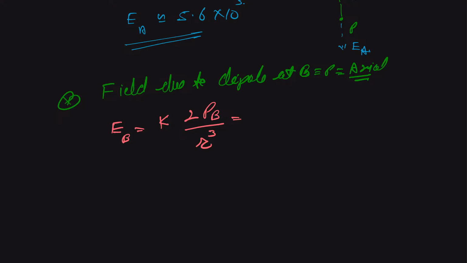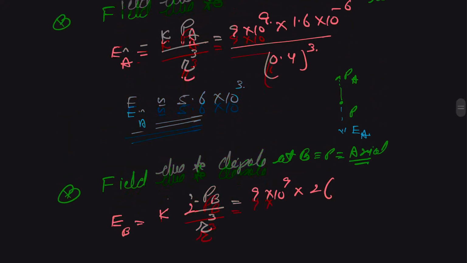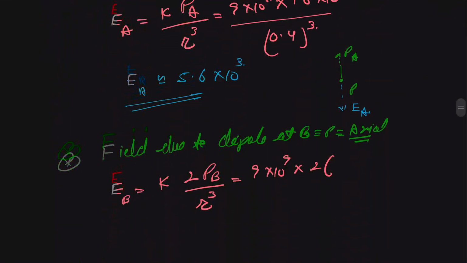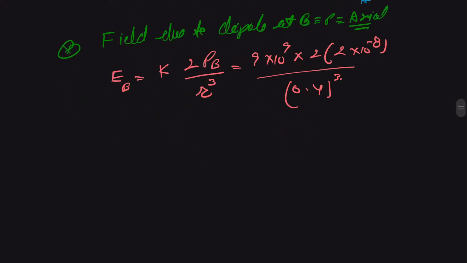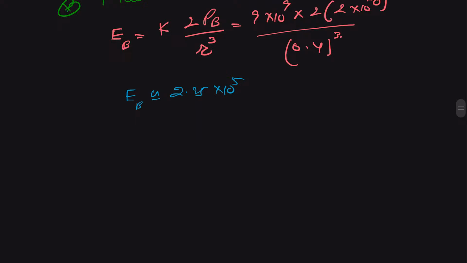So we get 9 into 10 to the power 9 multiplied by twice, and dipole moment we got as 2 into 10 to the power minus 8, divided by 0.4 whole cube, and this EB will be approximately equal to 2.25 into 10 to the power 5.